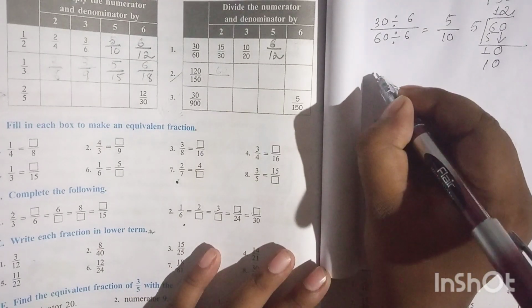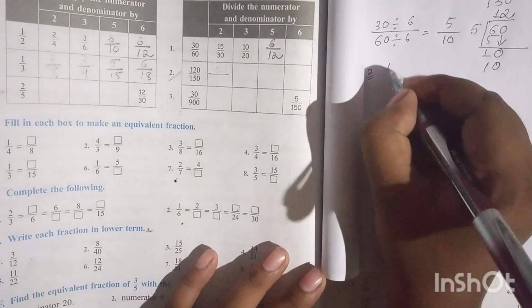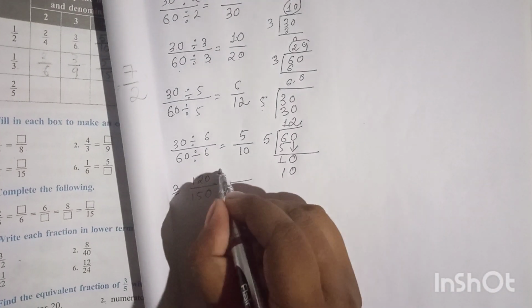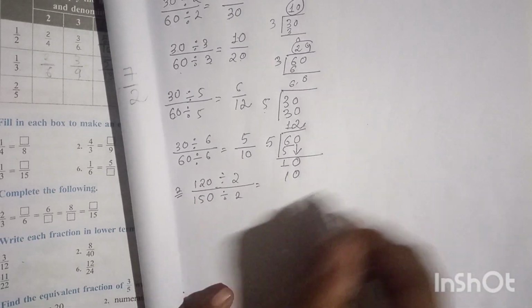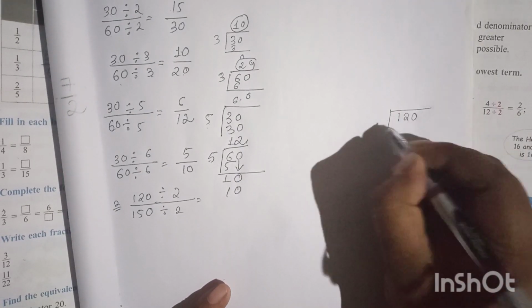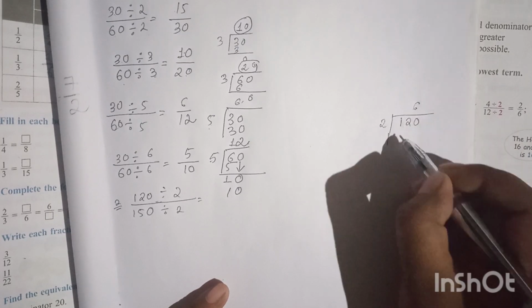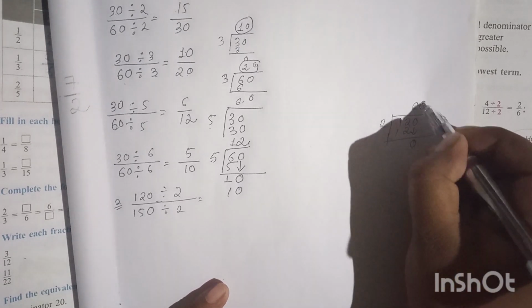Next, question number 2. Here 120 by 150. So first of all we need to divide them by 2, right? So let us divide 120 by 2. 2 6s are 12. This 0 comes down, which will go up.